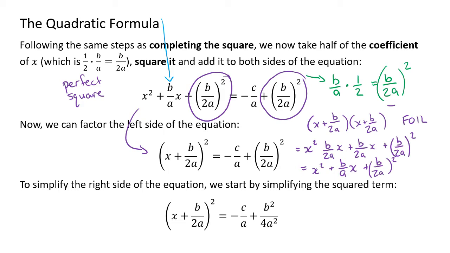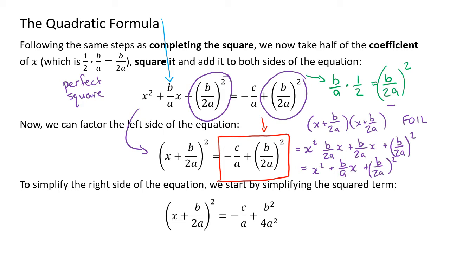So next, what we need to do is, we're trying to arrive at a neat and tidy solution. On this right-hand side, we have these two fractions that we're going to combine together. The first step to do that is to simplify the second term, in other words, expand it out by squaring both the top and the bottom terms.